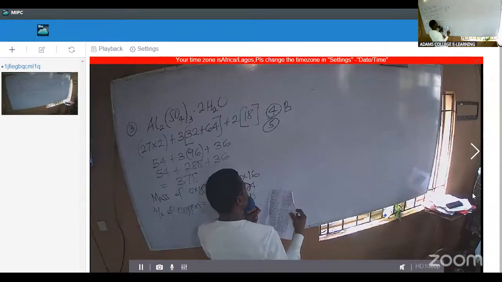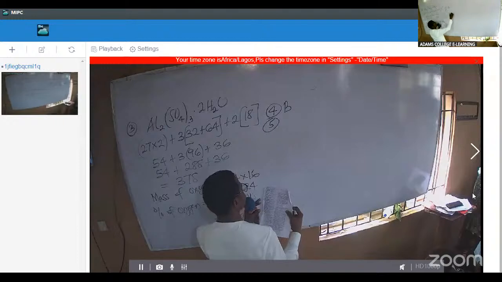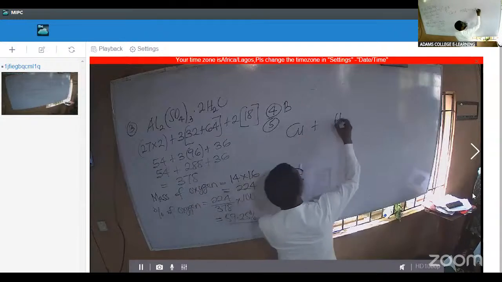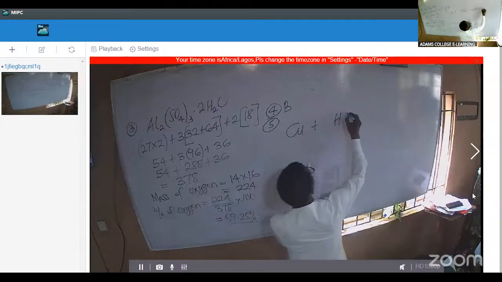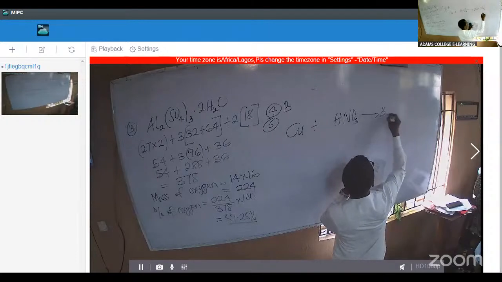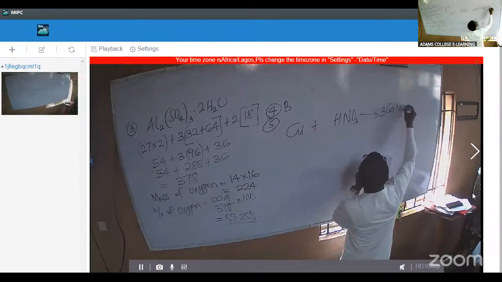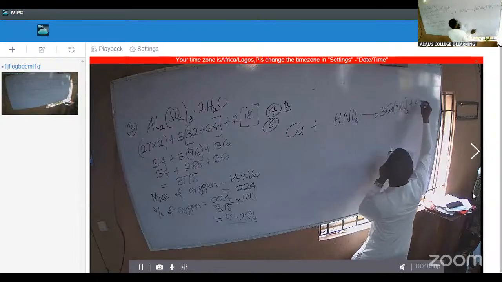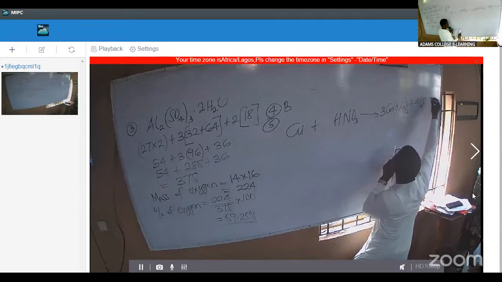In the equation about the same balance, this one is simple now. Copper plus HNO3, you even give us 3 here, plus 4 water, plus NO. Well, I've gotten NO. That means now acid and dilutes.